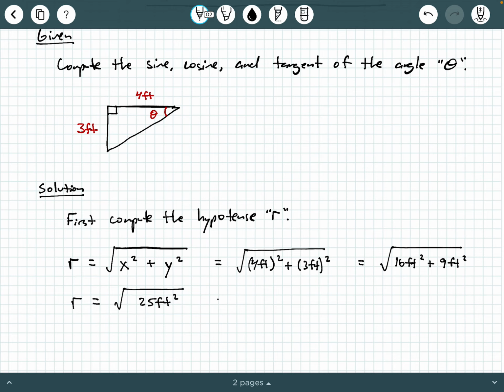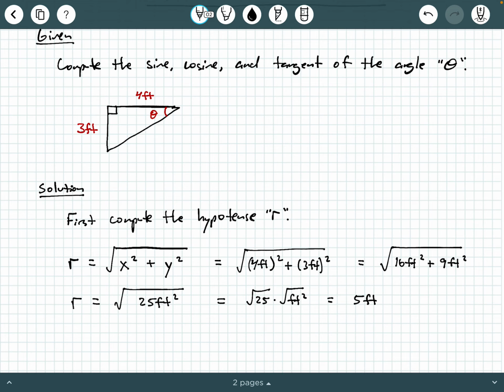Okay, now if you follow your operations, you know that this is going to be the square root of 25 times the square root of feet squared. So just showing each step, one step at a time, you get 5 feet. Okay, so for those of you who are quicker with math, I'm sorry if this was a little bit trivial for you, but for those of you who maybe were unsure of where the idea of a 3-4-5 triangle came from, well, this is it.